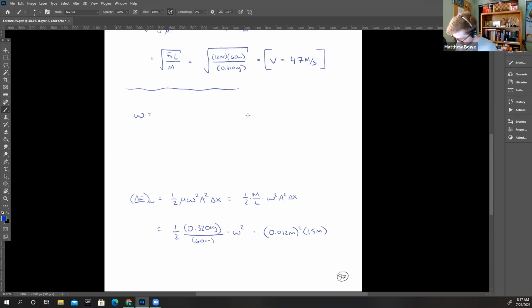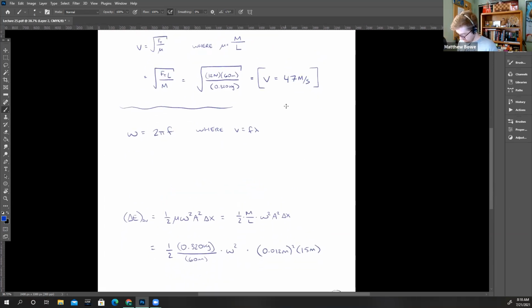What I'm specifically using for this case is omega is 2 pi times the frequency, where V equals frequency times the wavelength. And we just solved for the velocity, so we have that now.